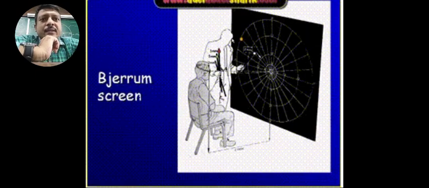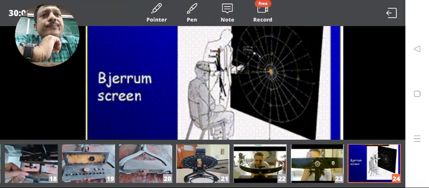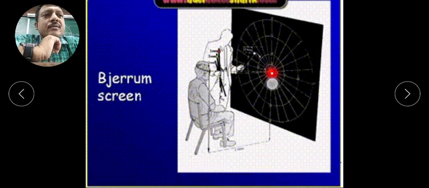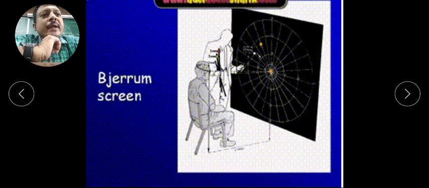Now, this one is the Bjerrum screen, and this is the central fixation point, and the circles at 10-degree intervals around the center are known as isopters.